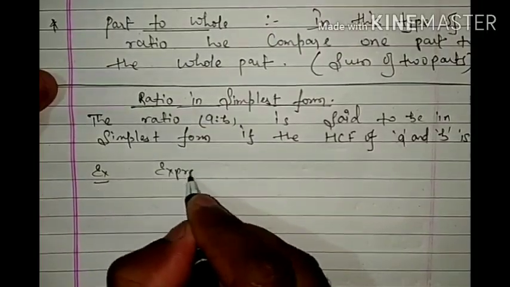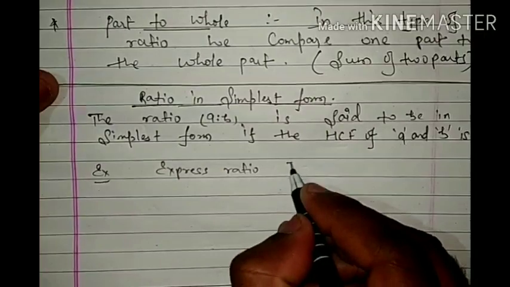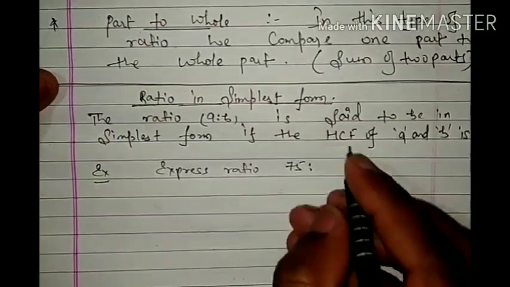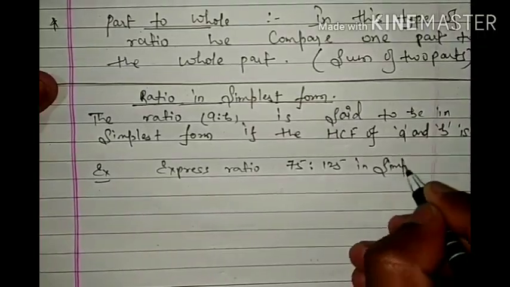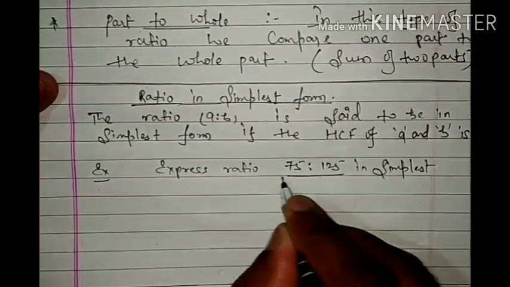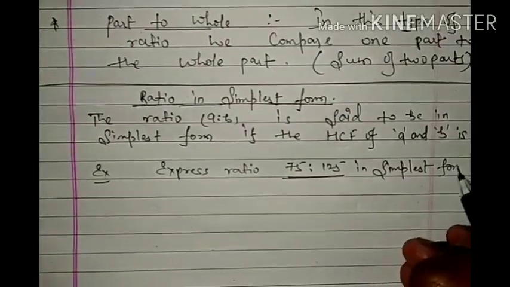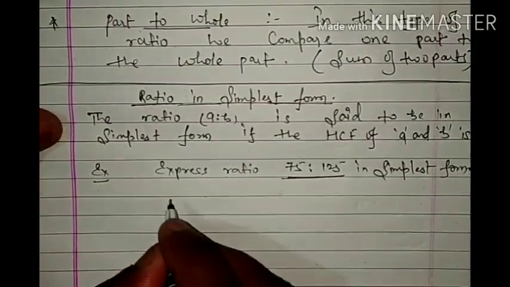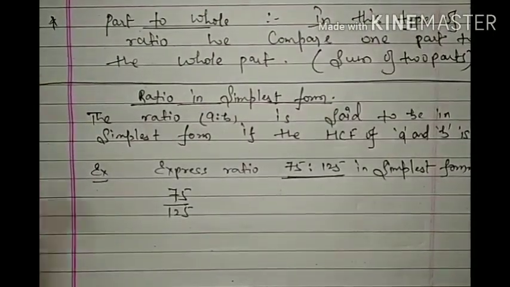Express ratio 75 ratio 125 in simplest form. We have to show 75 ratio 125 in simplest form. In simplest form, what will we do? We will simply write 75 by 125. What can we all do?